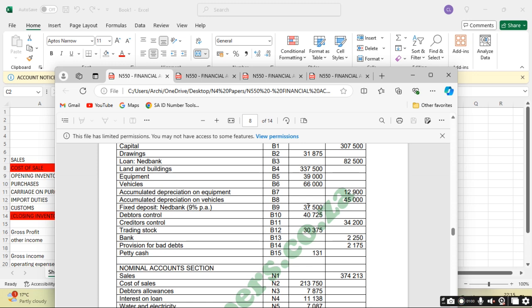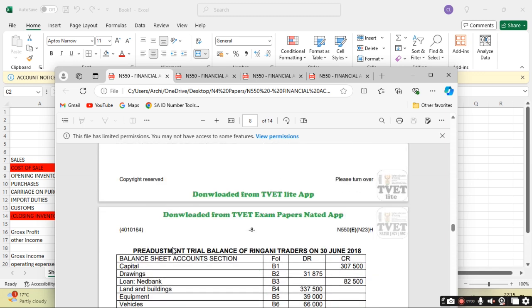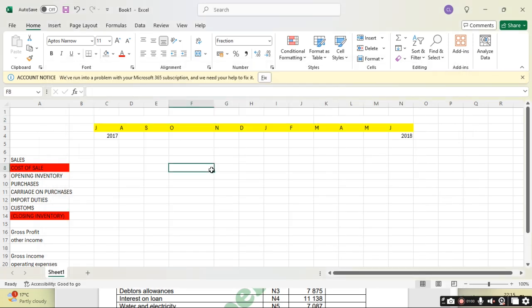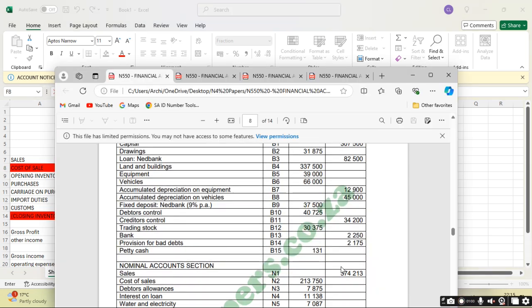That amount is also included in this amount, because we are dealing with a pre-adjusted trial balance. So since it is included, firstly, we're going to say 37,500 minus that amount that we invested during the course.